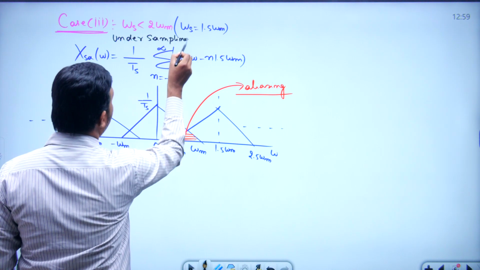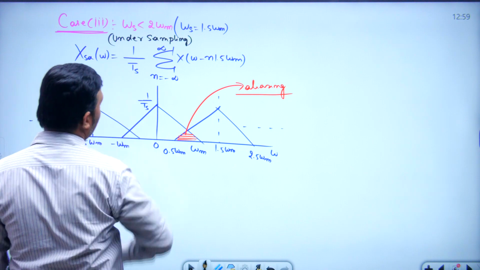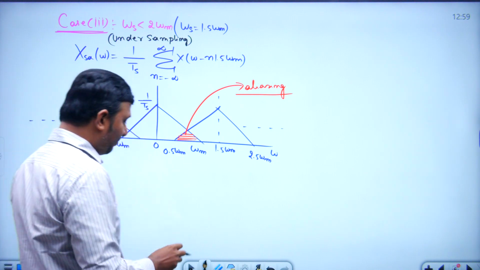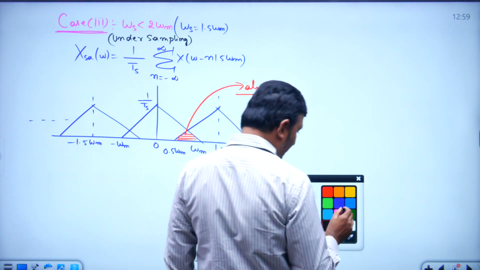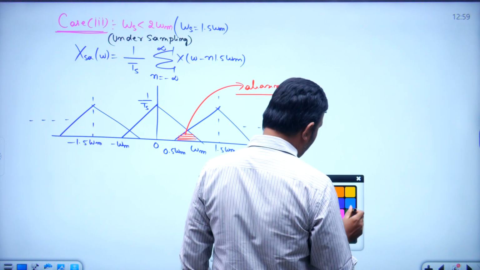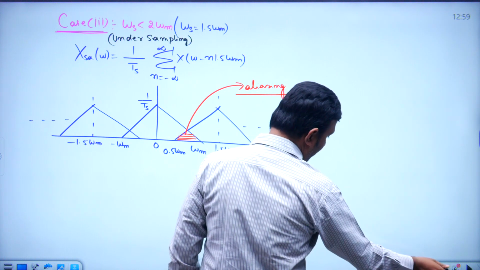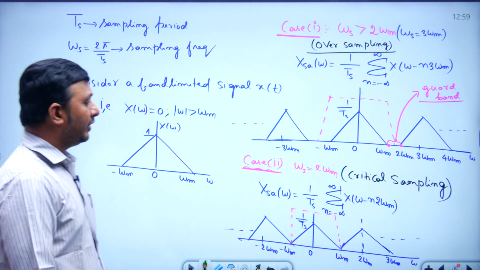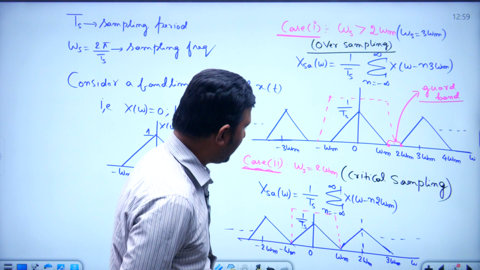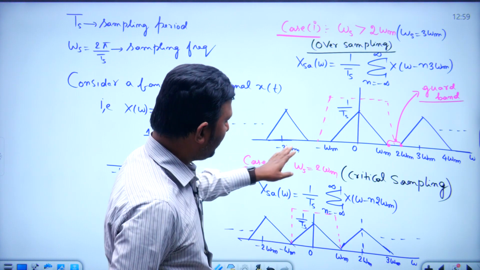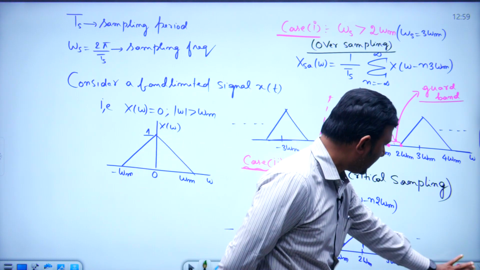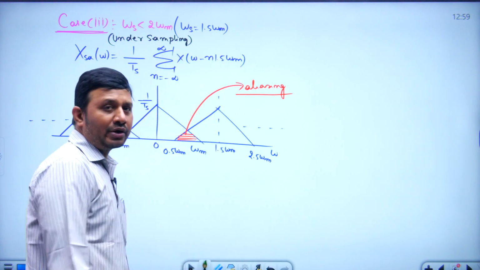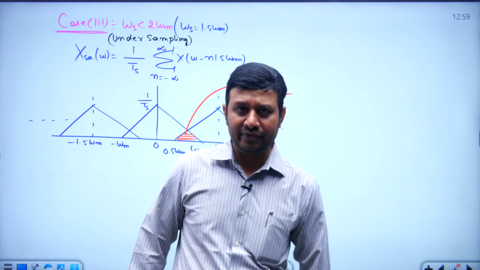So this is your overall sampling process, and from this sampling process we can notice some important points. What are those? The first point is, if you observe case 1, case 2 and case 3, we are going to get periodical repetitions.